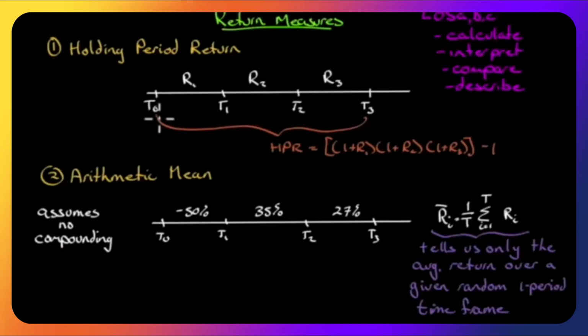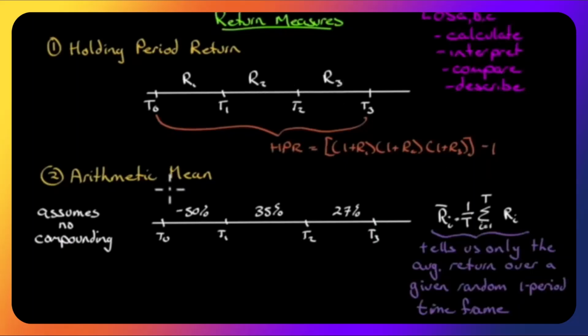Whatever we have here will be worth something at T1. It'll be worth 1 plus R1. $1 will grow at whatever that rate is. Then at T1 it will grow at a rate of R2. So we multiply by 1 plus R2, and then of course 1 plus R3, it's just compounded for 3 years. Take out the 1 because we added 1 to each one, and we'll get a percentage return. We'll get a holding period return.